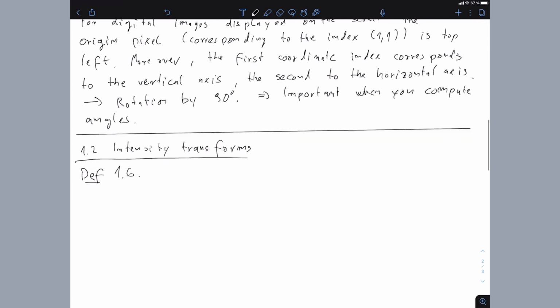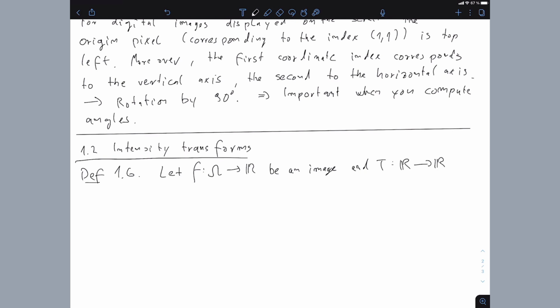Let me define exactly what I mean with intensity transformation. It's just a very simple mapping. So we start with an image. Here I can take a continuous one, but you can also think about a discrete one. Then T is what our intensity transformation will be.